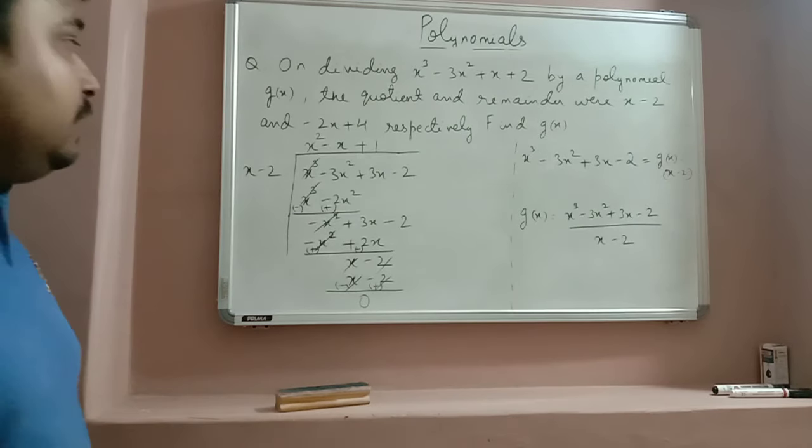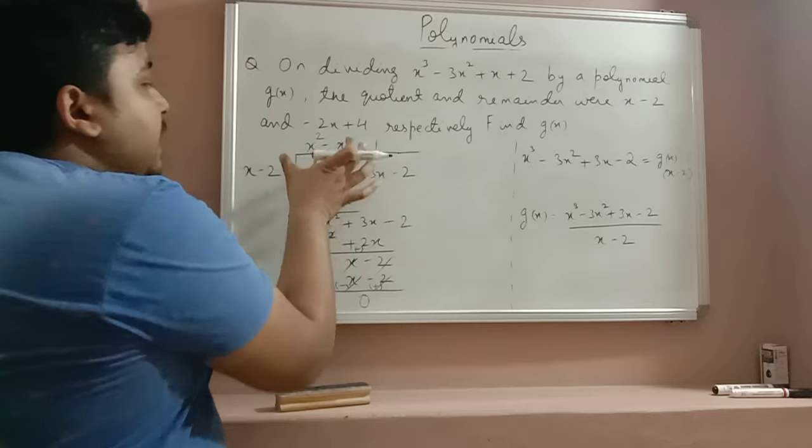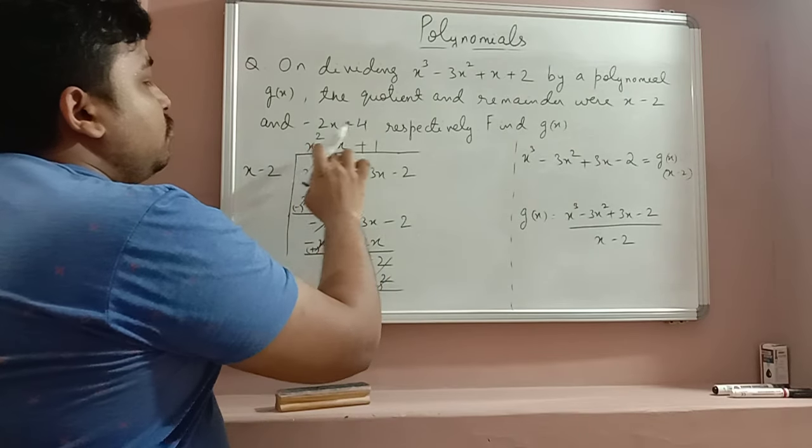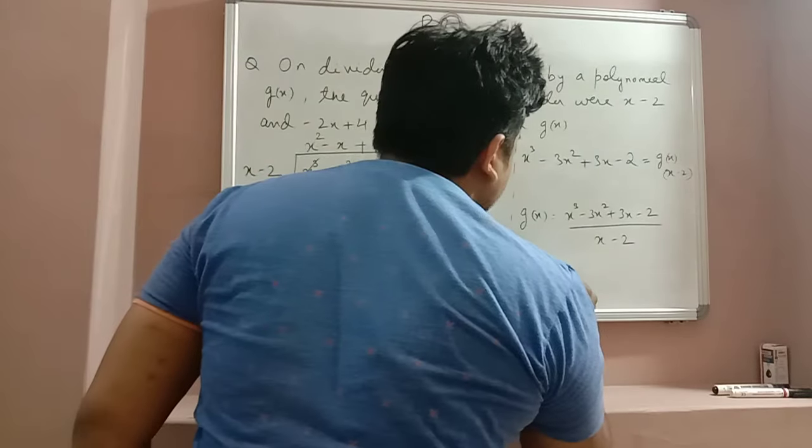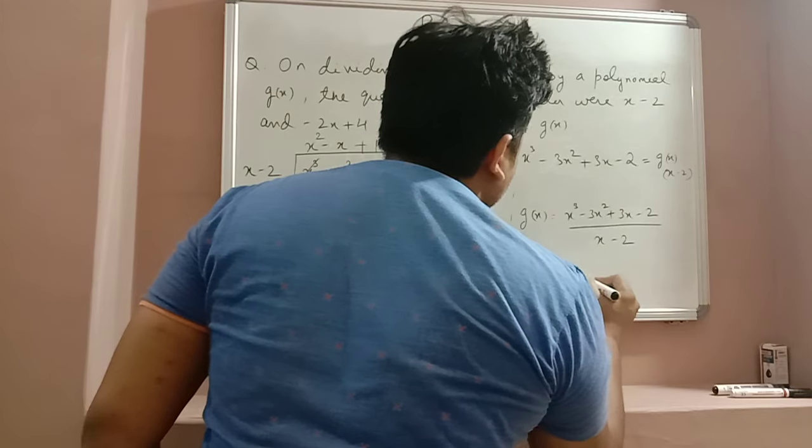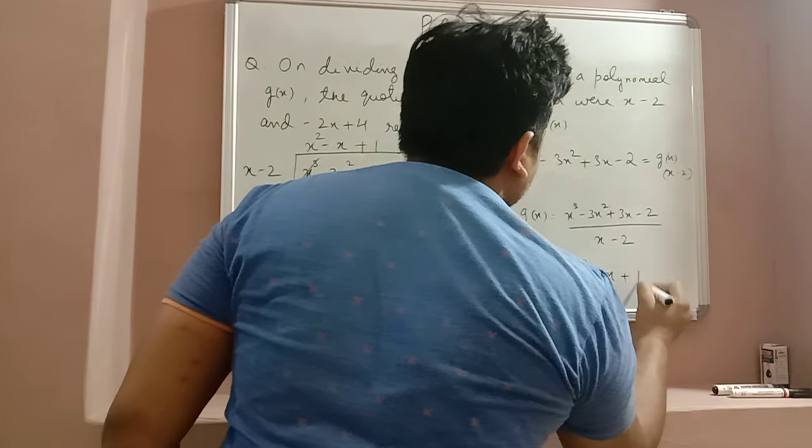So here we got this expression as the value of g of x: x square minus x plus 1. So here I can write down g of x equals x square minus x plus 1.